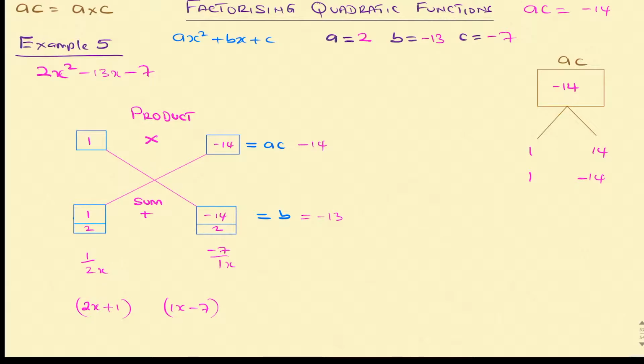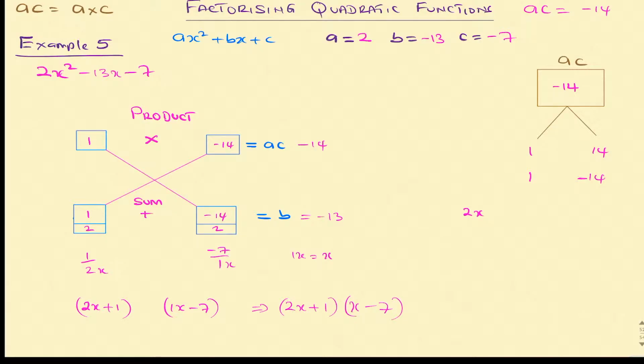We know that 1x equals x, so that becomes 2x plus 1 and x minus 7. That's our factor. If we want to justify that, we could expand it and see whether we get back the original equation. So let's try that.